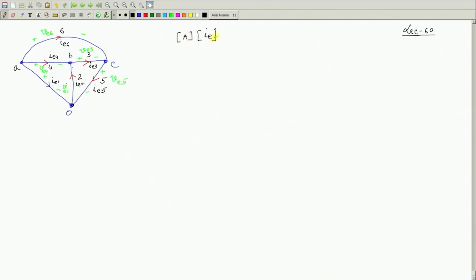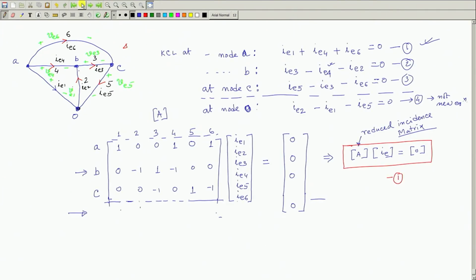I E is a column vector and this is equal to 0, and this is the reduced order, that is, at O I am not writing the KCLs. How did we get that result?